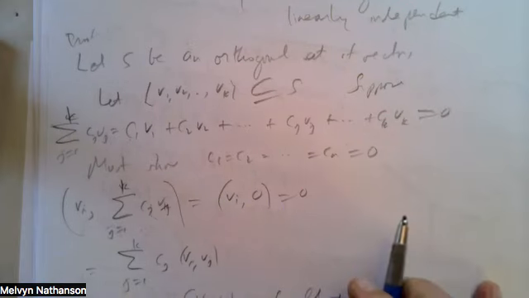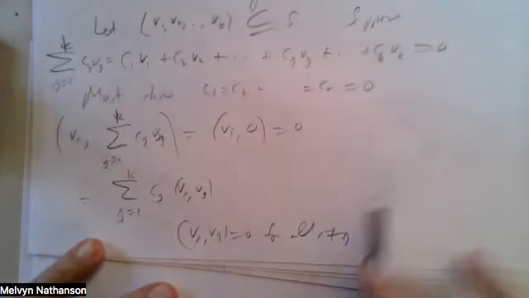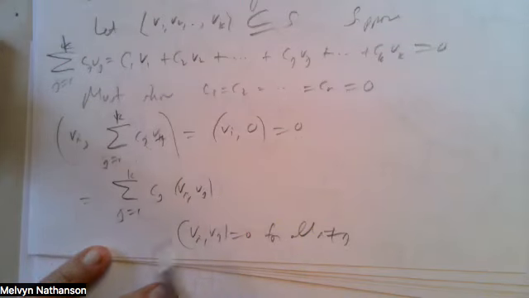And what is this? Well, the inner product of vi and vj is 0 for all i different from j. That's what it means for this set to be orthogonal. So if i is different from j, this is 0.